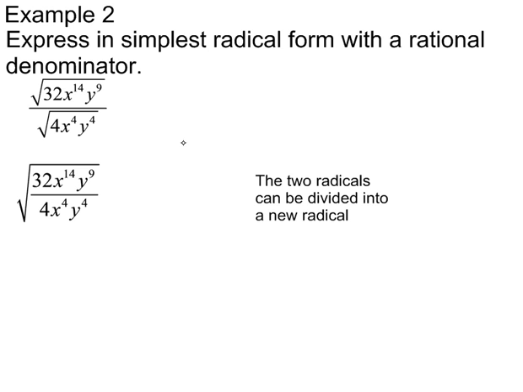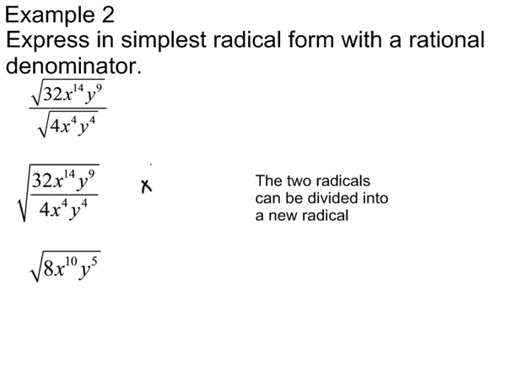Okay, so now that can be divided into a new radical and we get this. So 32 divided by 4 is 8. X to the 14th divided by x to the 4th is x to the 10th.